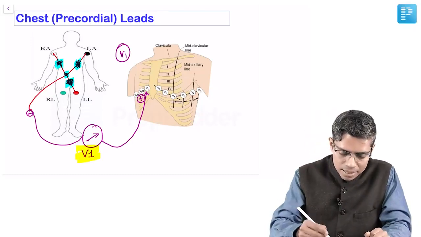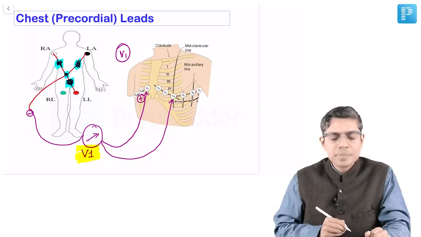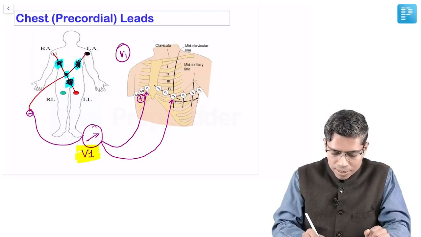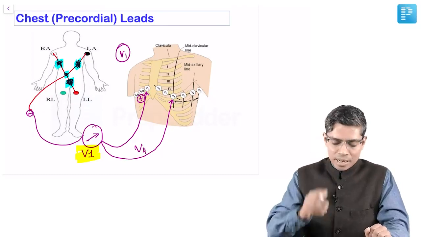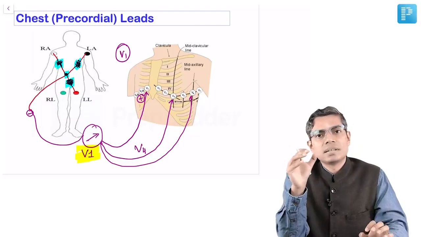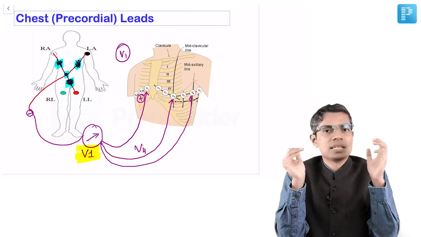If I connect this active electrode at the apex beat, that will record the voltage of the V4 lead. Similarly, if you connect it to a different area for V6, it will give you the potential difference or voltage of V6.